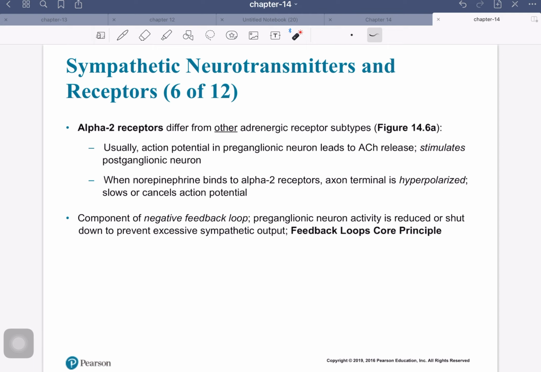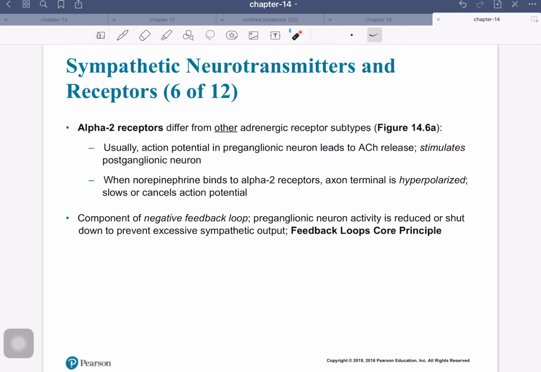But if norepinephrine is around, it can bind onto the alpha-2 receptors. Now, we're going to see where the alpha-2 receptors are. They're not on the postganglionic neuron. They're at the axon terminal of the preganglionic, and it leads to hyperpolarization.